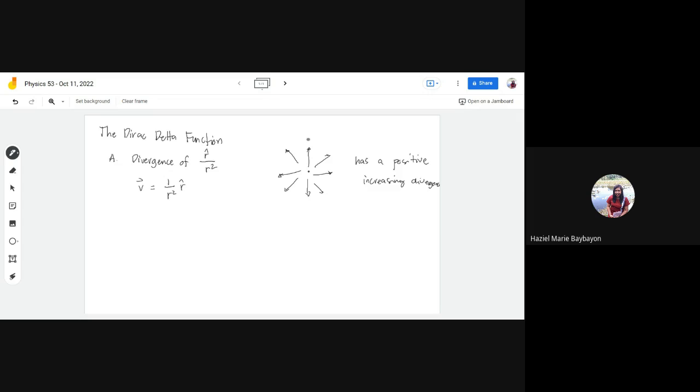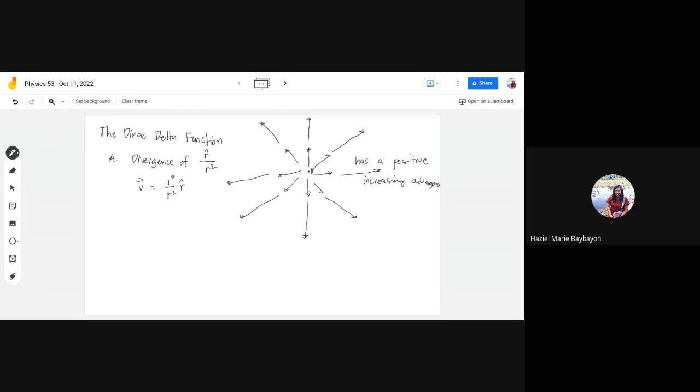Okay, so from this figure, we can tell that this function has a positive increasing divergence because, as you can see, it diverges from a point. It diverges from this point P here, and then it is positive because it is radially outward, and then it is increasing.